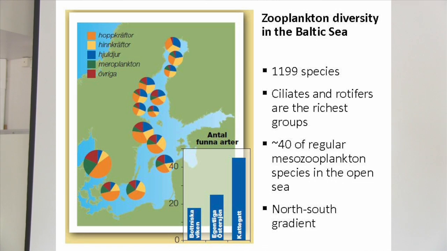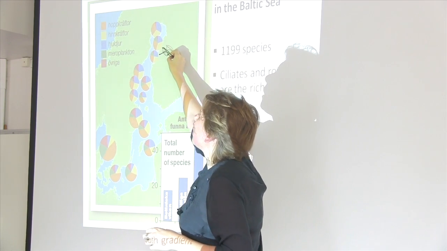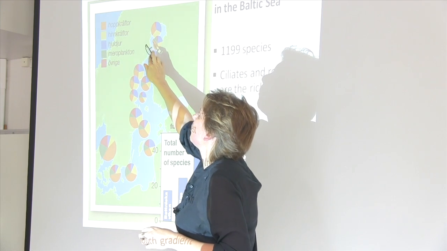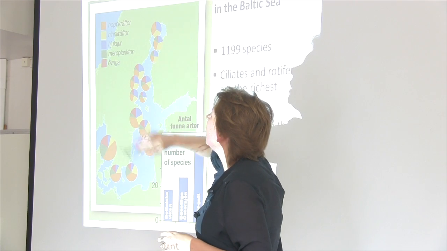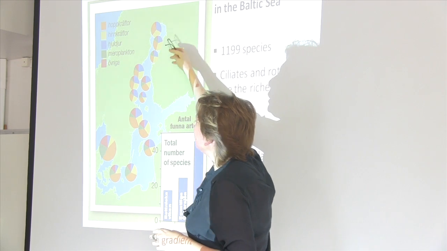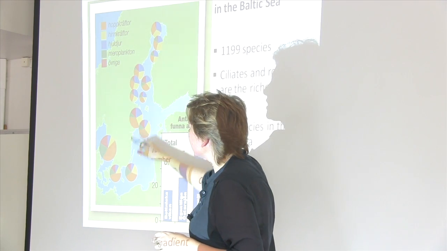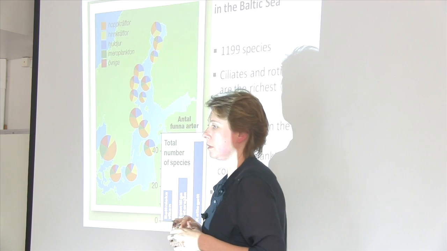Proportion-wise, we have a very good, sizable contribution of crustaceans, cladocerans. Here, the yellow field on the pie chart. We have them almost as much as we have copepods, the orange field. Another thing you can see here is that the blue segment, rotifers, is decreasing towards the south.